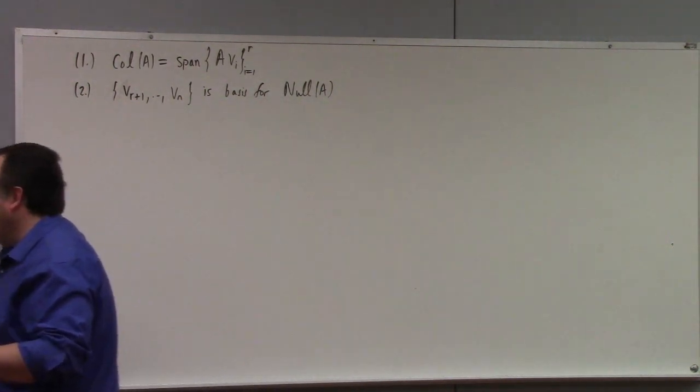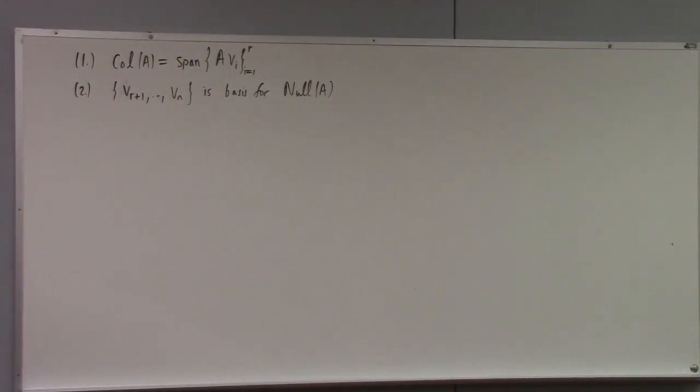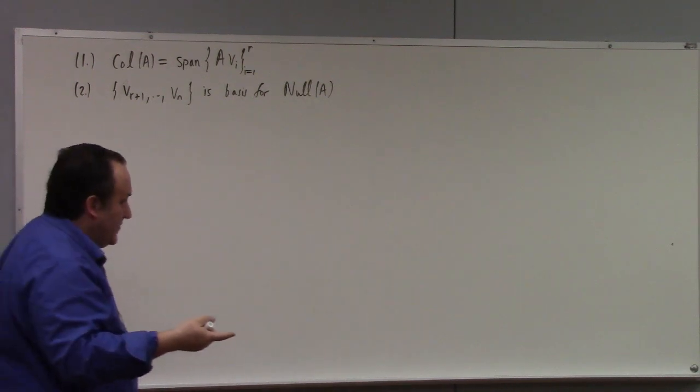That's kind of readily apparent from these equations right here, right? Now the fact that it's a basis is just counting. The rank-nullity theorem tells me that the dimension of the null space is equal to the number of columns minus the dimension of the rank. So if the rank here is r, then n minus r would be the nullity.